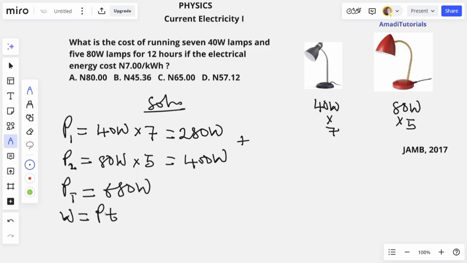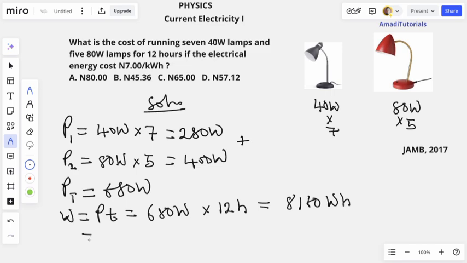So energy equals power times time, which is the total power consumption of 680 watts times 12 hours. And this will give you 8,160 watt hour. Watt hour represents energy.